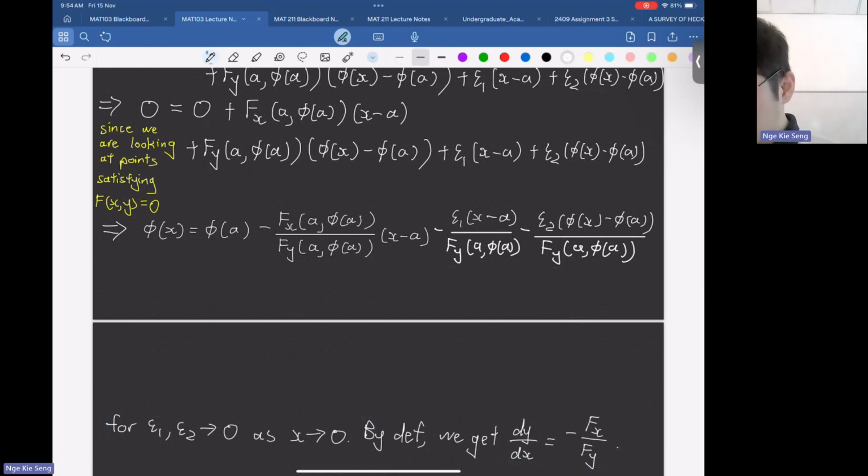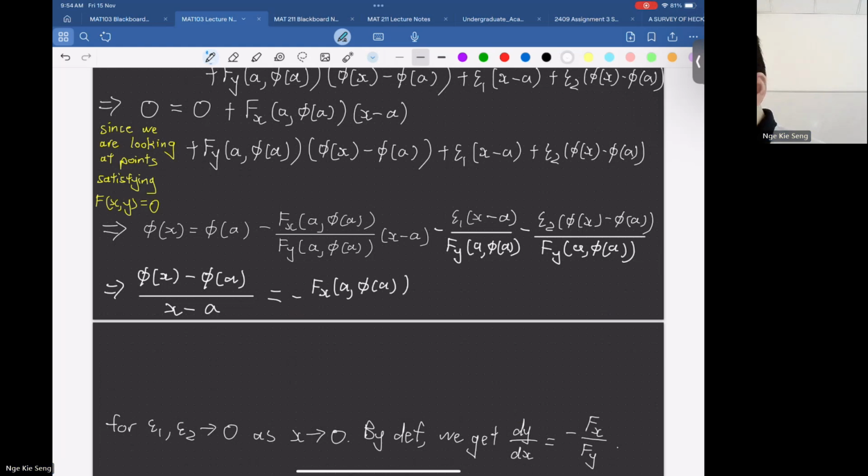Probably we still need one more step to see it. So (phi(x) minus phi(a)) over (x minus a) is equal to minus fx over fy, plus the epsilon terms.